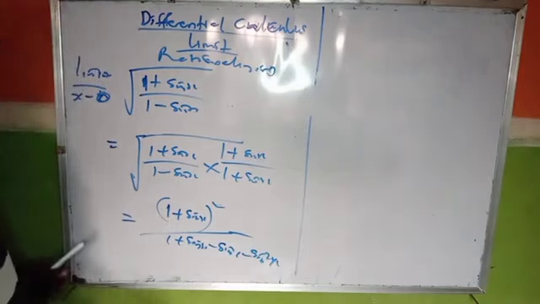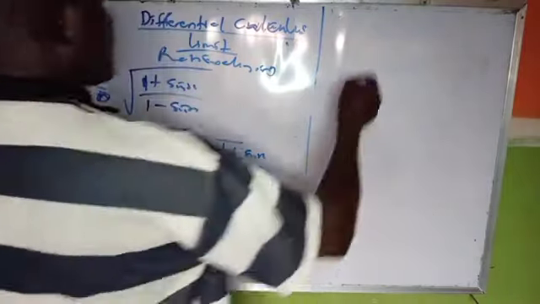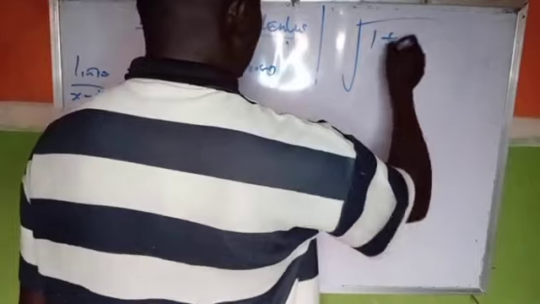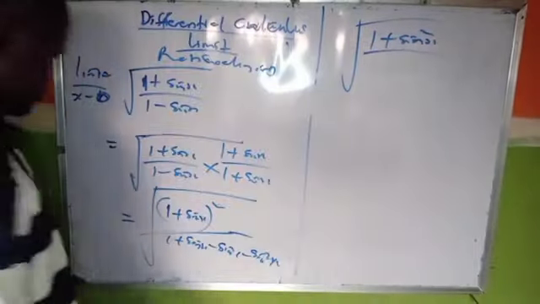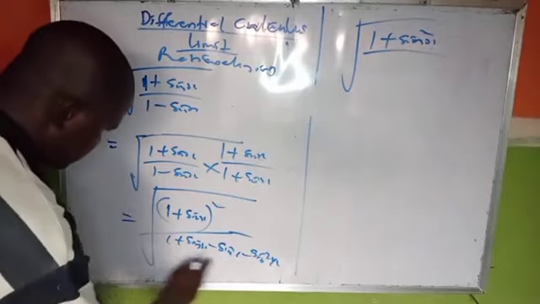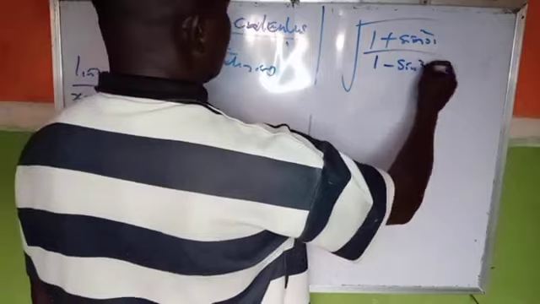Then you come here. You have 1 plus sine square x over, for this minus this, 1 minus sine square x.